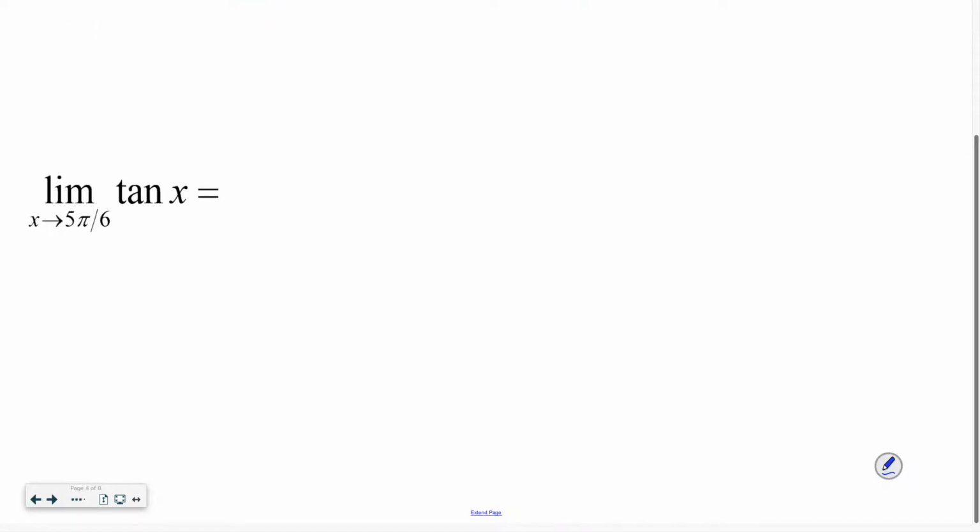All right, the limit as x approaches 5 pi over 6 of the tangent of x. Think about it, don't say anything. Write it down. Turn to your neighbor and whisper what you think the answer is. Here, all you need is the first quadrant.